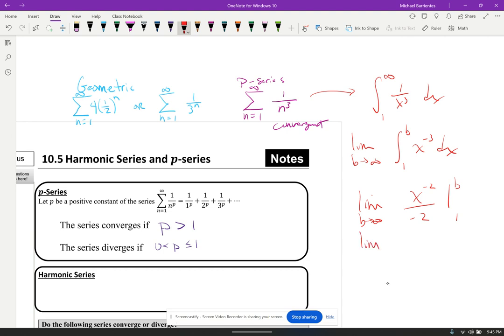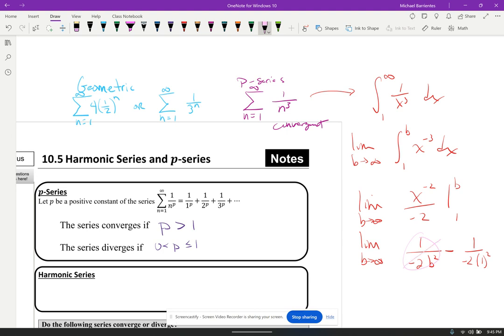So really, we're taking the limit of that expression, and this is 1 over negative 2x squared. So I'm going to substitute the b first, minus 1 over negative 2, 1 squared. And I notice that, as b goes to infinity, this first part is going to go to 0, so that's gone.